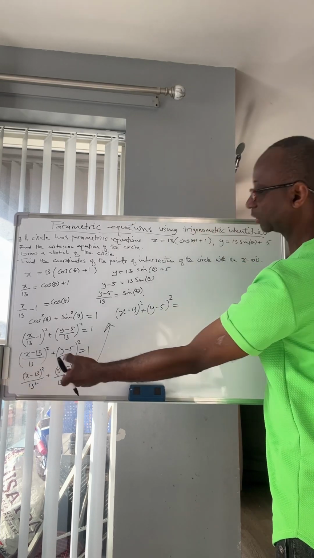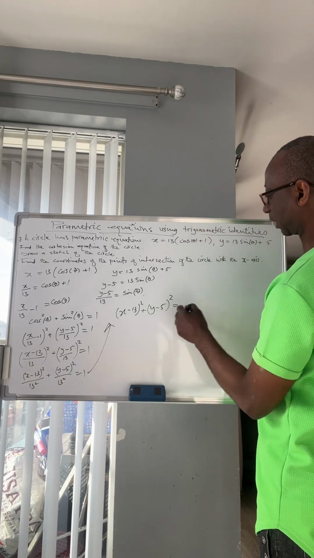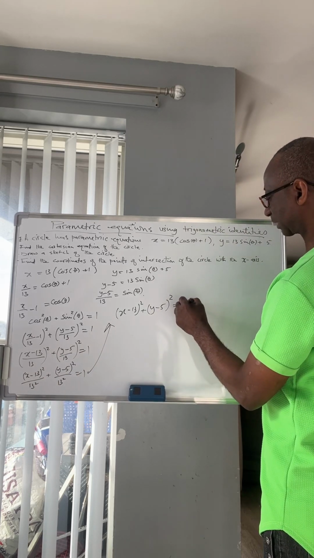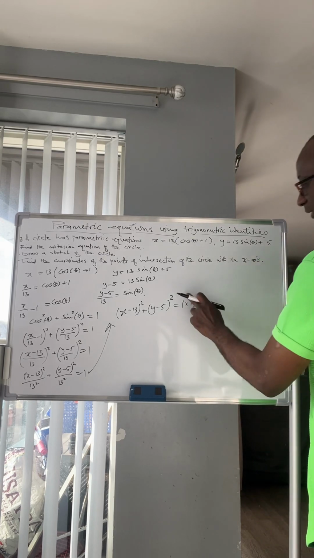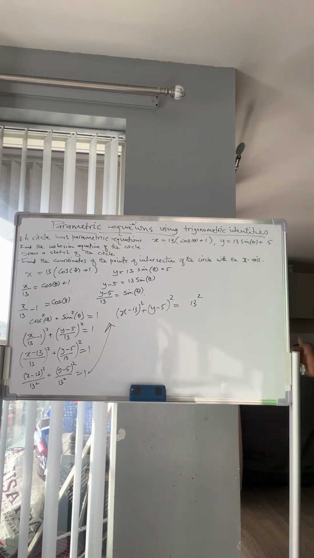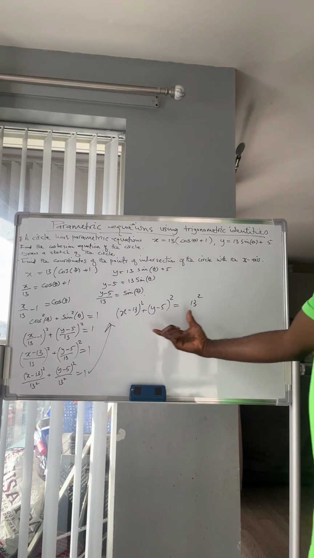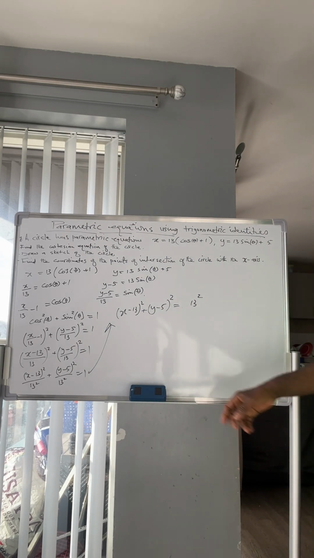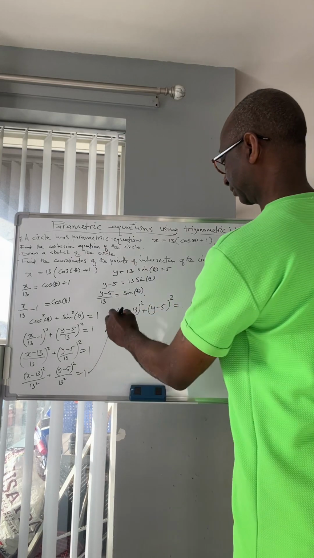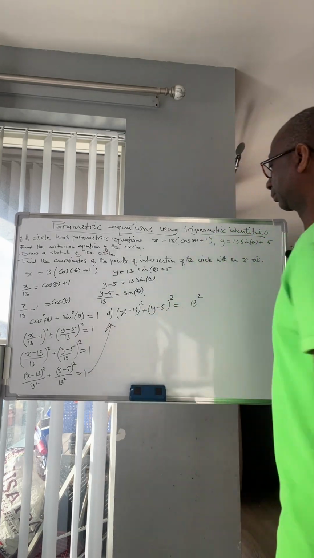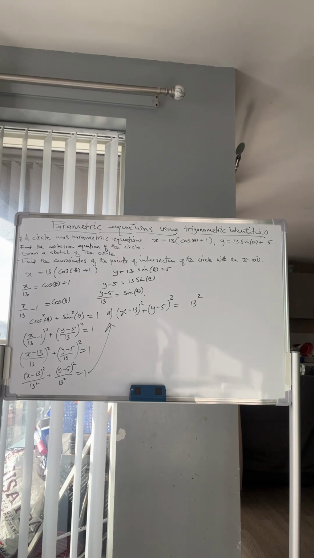Take the denominator, so I can just multiply it by this one. It's going to be 1 times 13 squared, which is just 13 squared. So this is the equation of a circle. They say find the Cartesian equation of the circle. Part A is answered. This is the equation they want you to find.